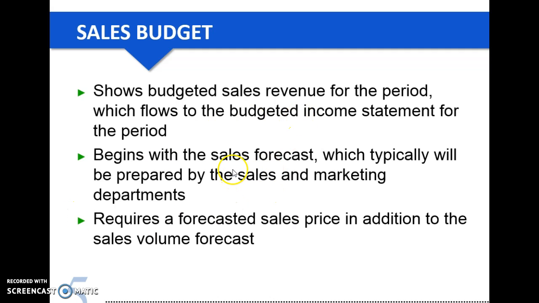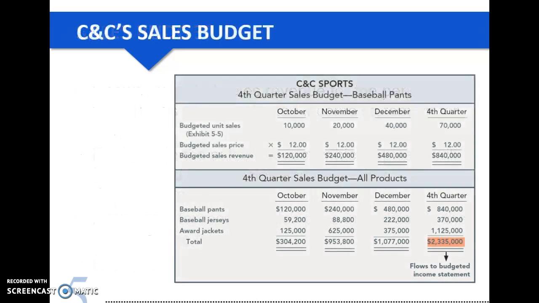So the important information that you need to prepare a sales budget: A, you need the number of units to be sold, that means the budgeted sales in units, and you need to know the selling price. Based on these two pieces of information, a sales budget is prepared to get the sales revenue. And it is prepared for each product which a company sells.